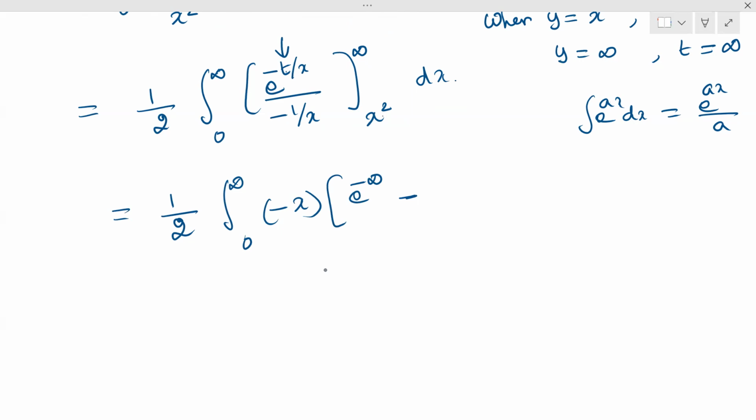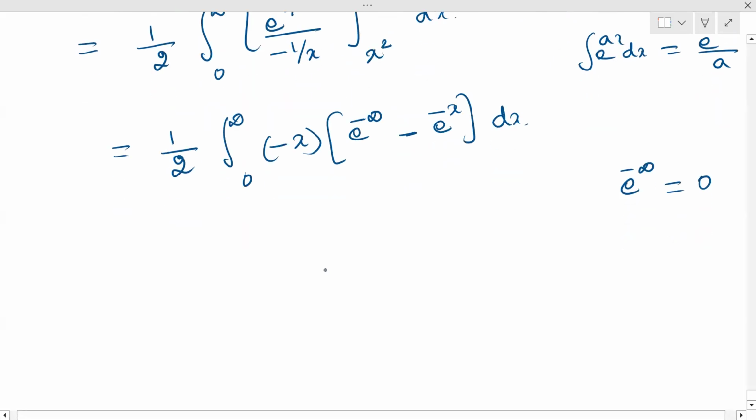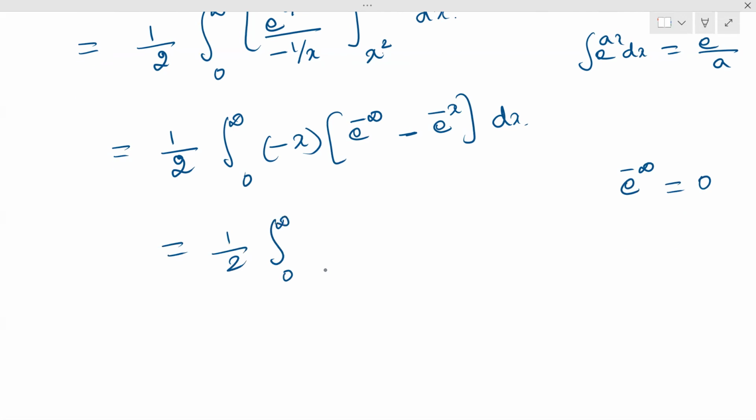X gets cancelled. We get e power minus x dx. And we know e power minus infinity is 0. So, half into 0 to infinity x e power minus x dx. This is our outer integration.